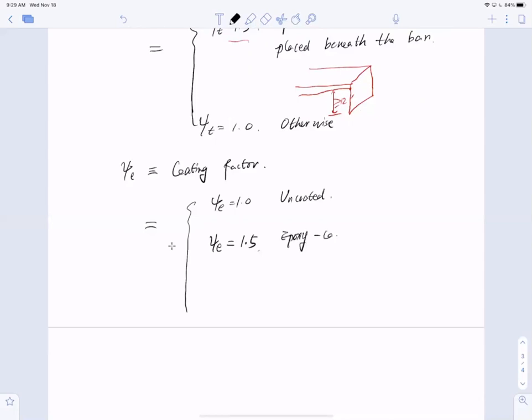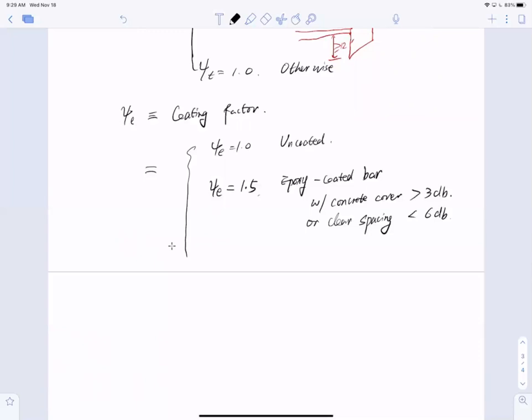Okay, and this has another criterion with concrete cover: with concrete cover bigger than 3 d_b, or clear spacing between bars smaller than 6 d_b. If you have other cases, but still an epoxy coated bar, you have 1.2.